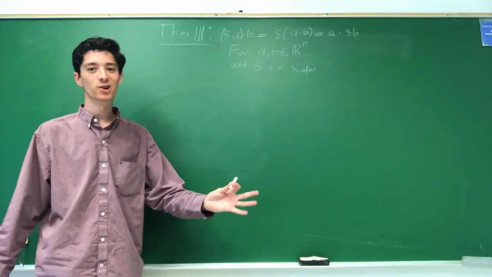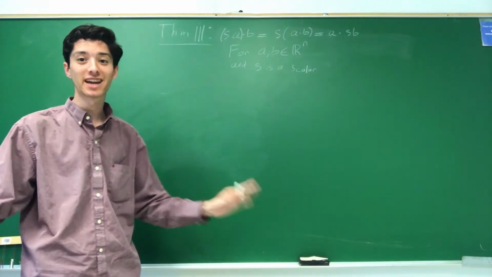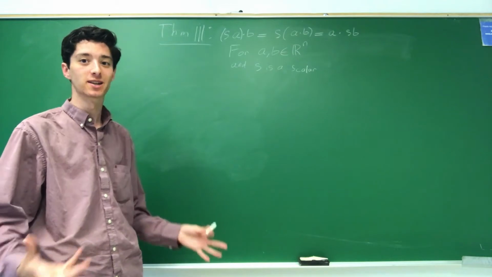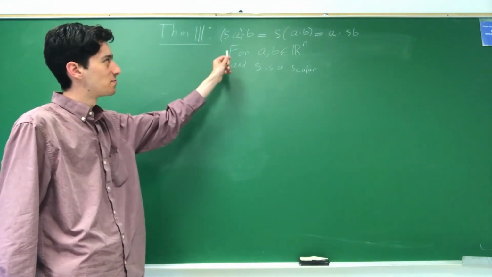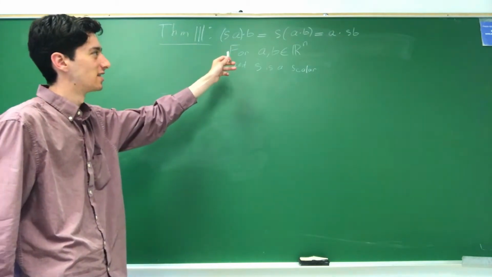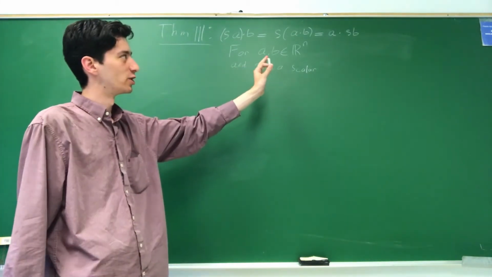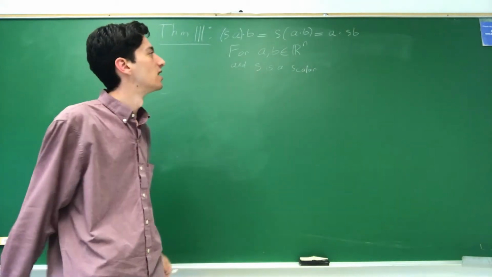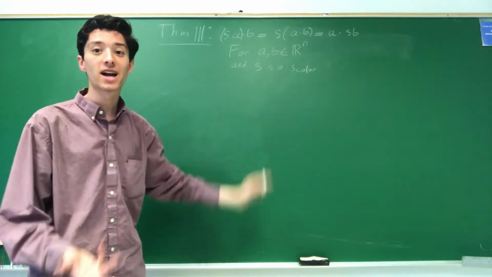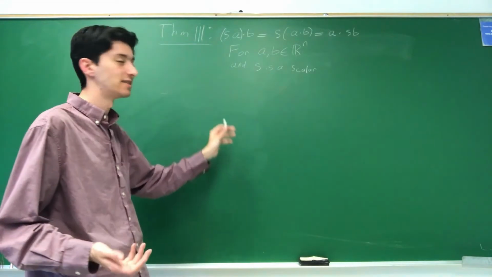The next theorem looks at how vectors and scalars interact when we take the dot product. This theorem is (sA) dot B is equal to s times (A dot B), which is equal to A dot (sB), where we know that A and B are vectors in R^n, and s is a scalar.